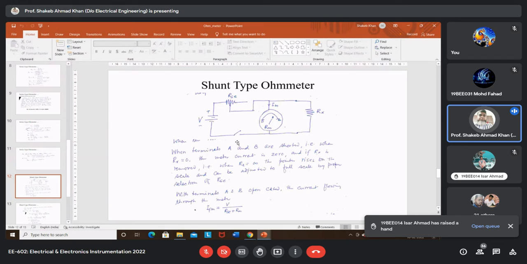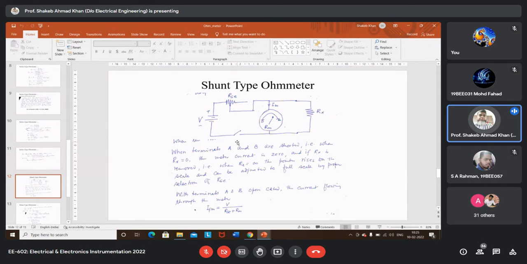Then when your resistance is dynamic, meaning it is changing with time and this change is fast, the null mode of operation of the Wheatstone bridge cannot be used, because balancing takes time, even if it is automatic balancing.